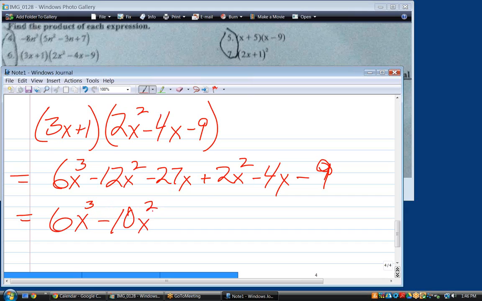And the x terms. Would that be negative 31x? And the number, you usually only have one number also in this case. So there's the answer.